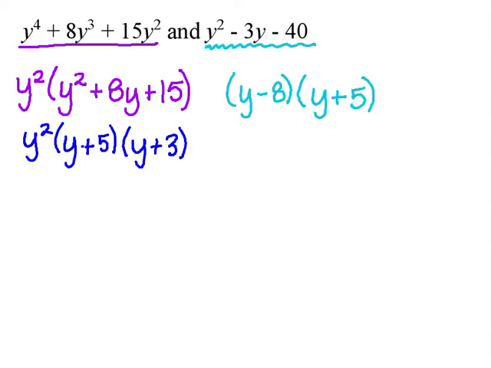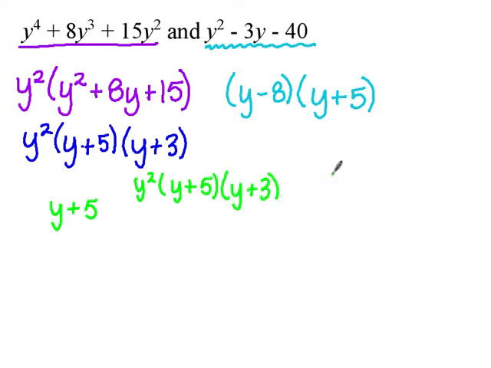Now if you remember in all the other problems before, if there was something in common, we took it out, right? The y plus 5 is already there. So in this case, the LCM would be, if I take out the y plus 5, let's imagine I have my y squared, y plus 5, y plus 3.